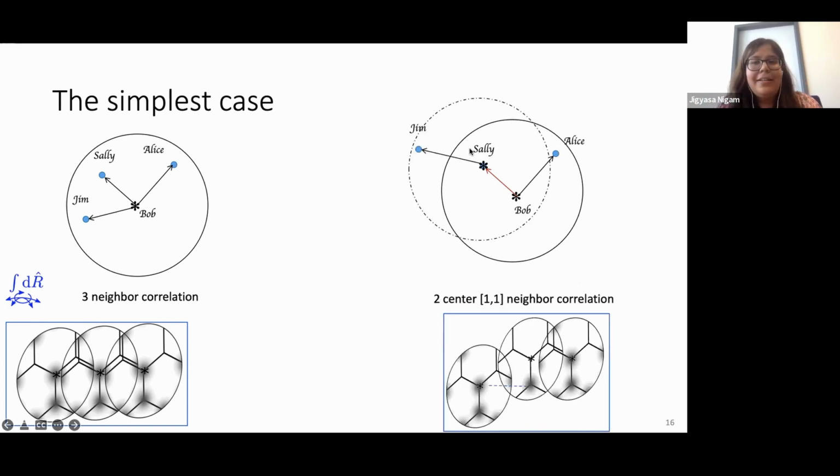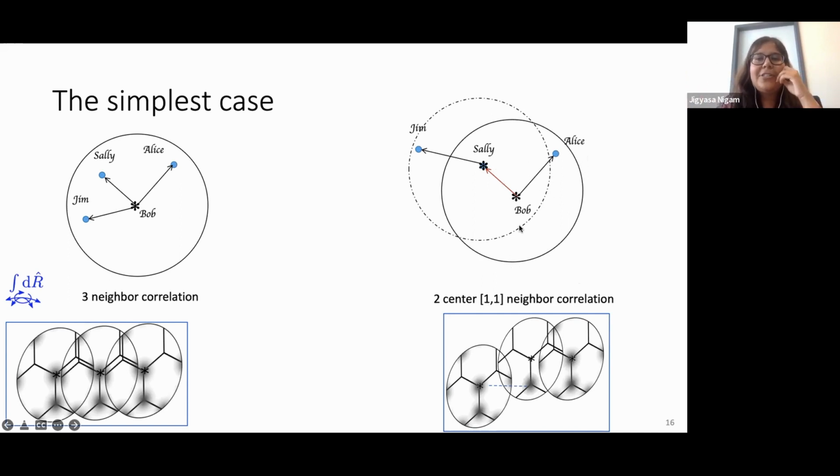And now in general, Sally can have her own environment, right? So I can choose to describe Sally's environment up to one neighbor, two neighbors, or so on. But in this scheme, I use the 1-1 scheme, which means that out of my two centers, I'm describing each of the centers with one neighbor.